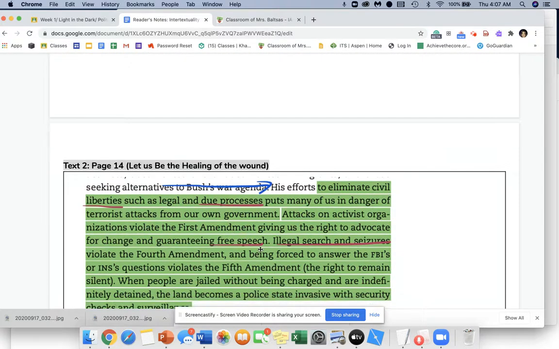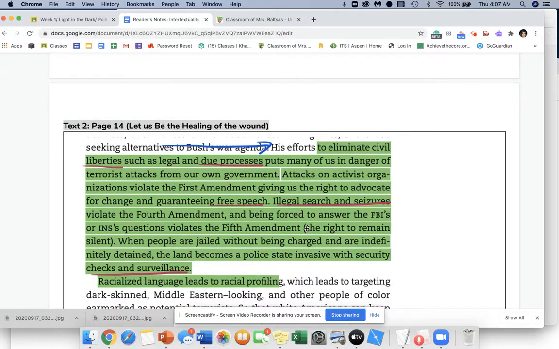Some of it is explicit, some of it is more implicit, like you have to make those connections. Okay, so legal and due processes puts many of us in danger of terrorist attacks from our own government. Ooh, okay. So this is where I'm seeing the hard power here, right? Because this is a type of coercion and control, terrorist attacks from our own government.